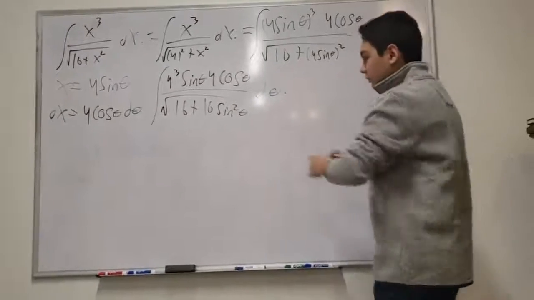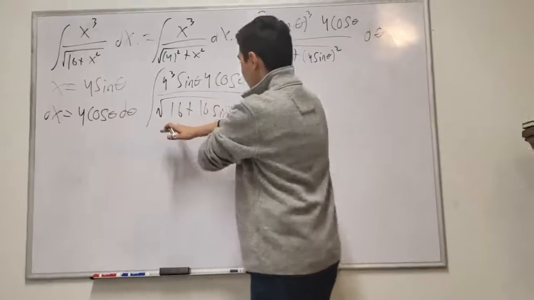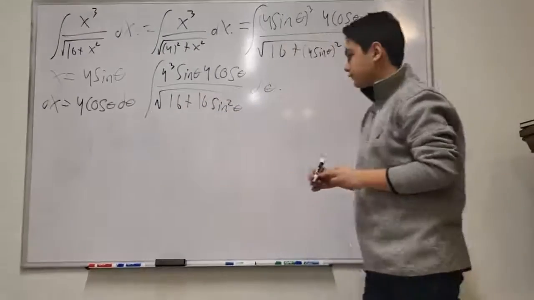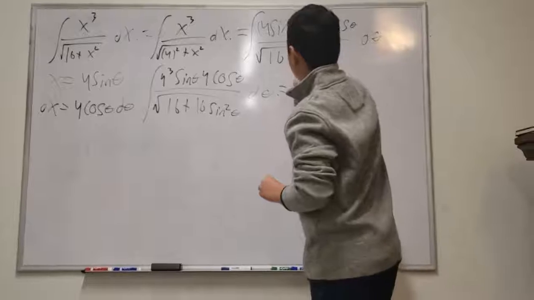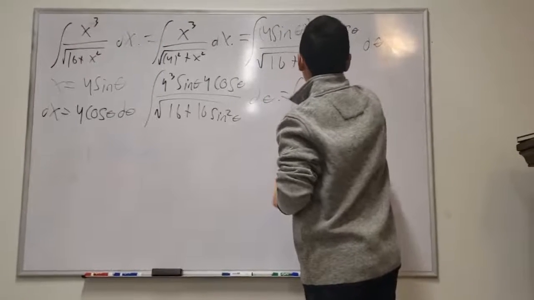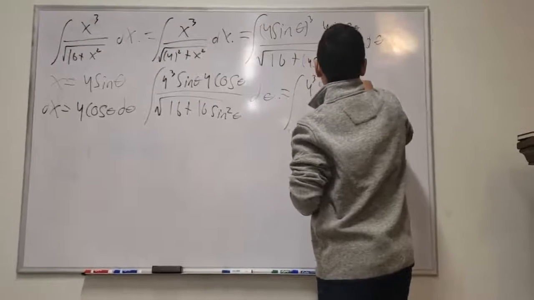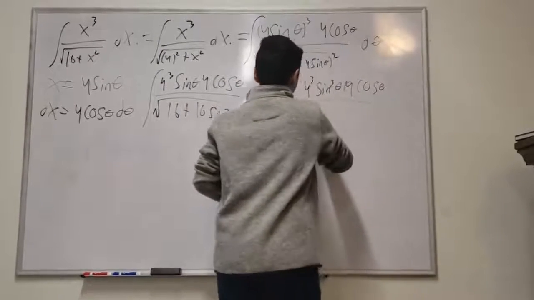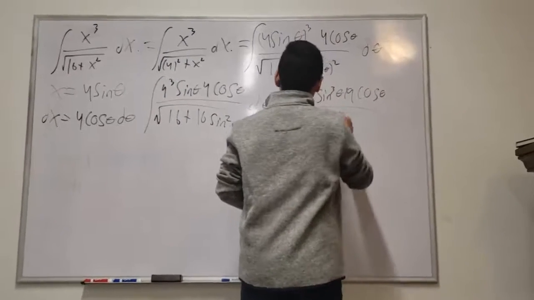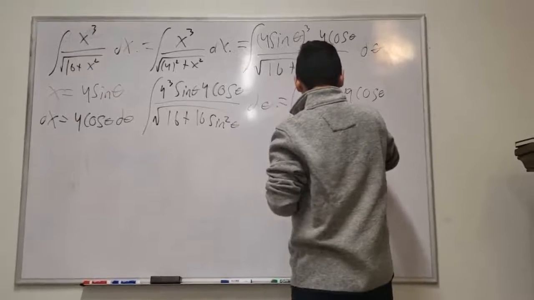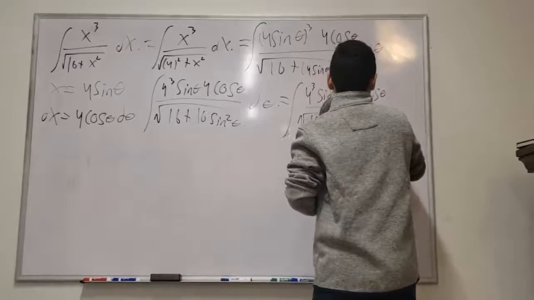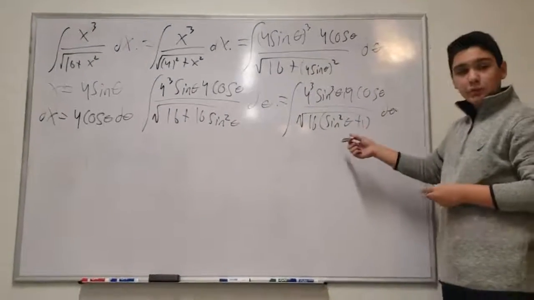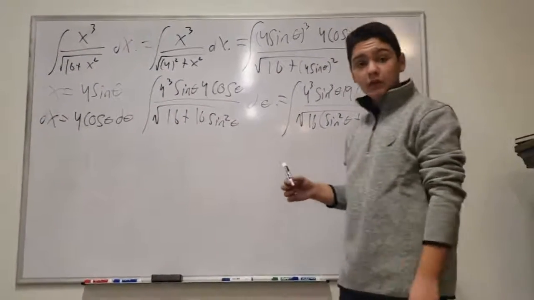What we can notice here is we have 16, a constant, plus that same constant, so we can factor out a 16. That gives us 4 cubed sine cubed theta, 4 cosine theta, and over here, if we factor out 16, it'll give us 1 plus sine squared theta d theta. Now 1 plus sine squared theta, that is cosine squared theta.